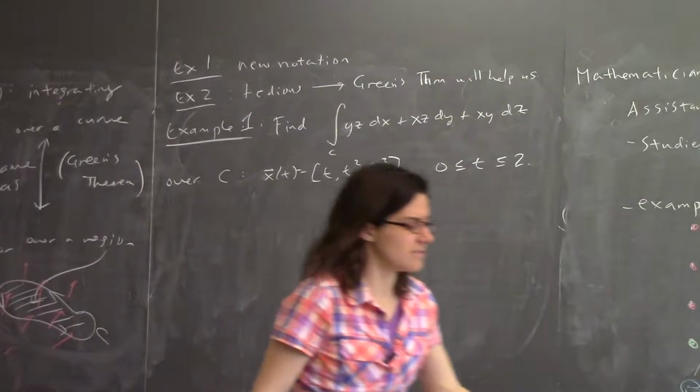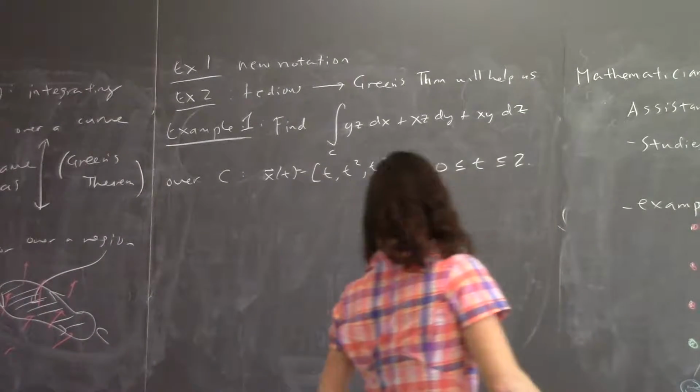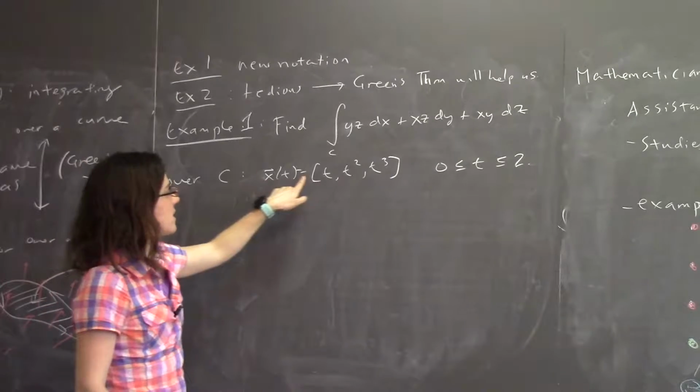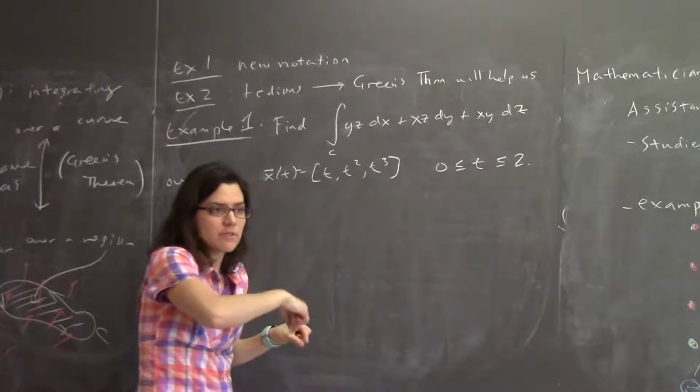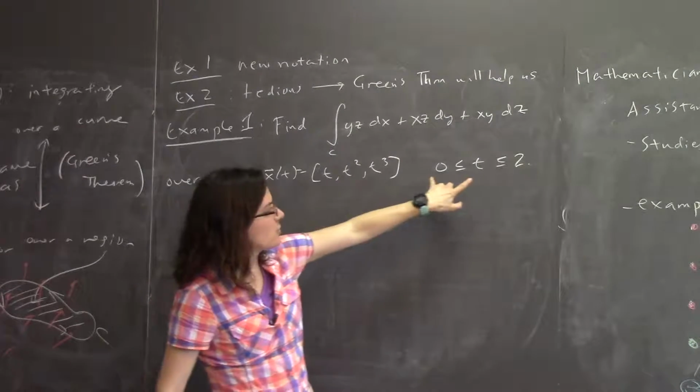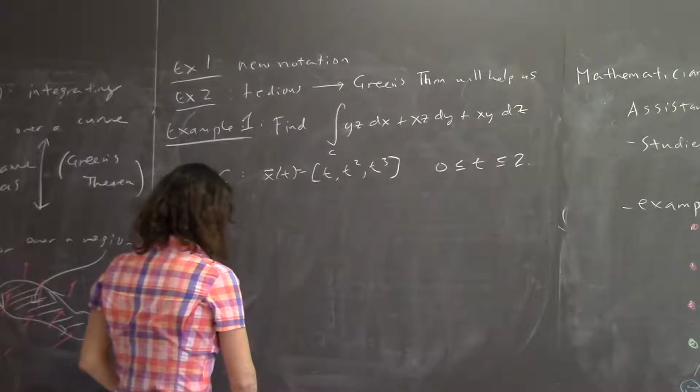Okay, that's the goal. This part I understand. My curve looks like t comma t squared comma t cubed, so it's doing some sort of little spirally thing for 2 seconds.